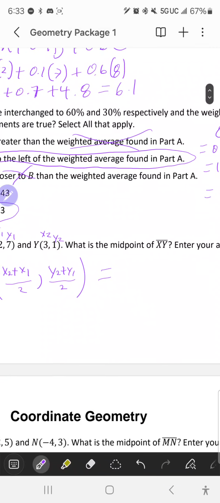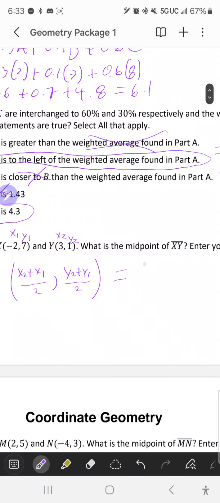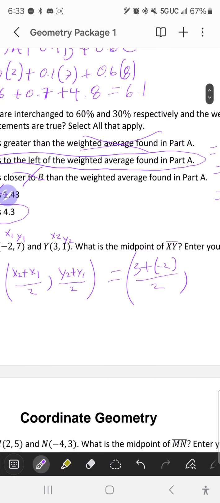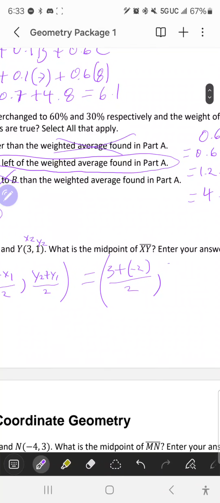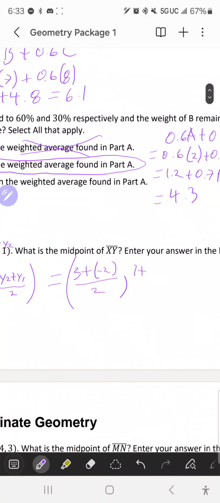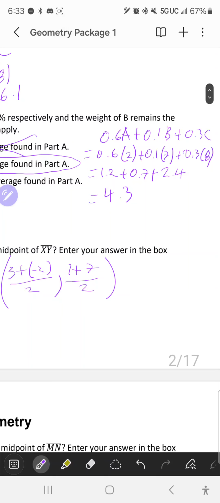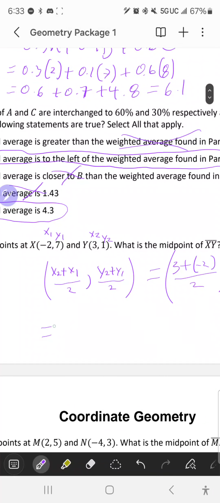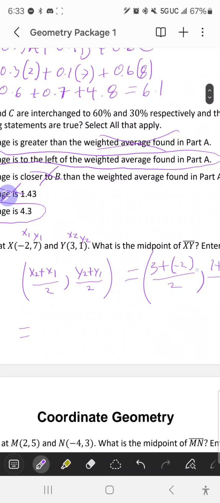equal to 3 plus -2 over 2, comma, 1 plus 7 over 2. We make our calculations and we get 3 plus -2. Since they have different signs, we subtract the greater minus the smaller, which is 3 minus 2.